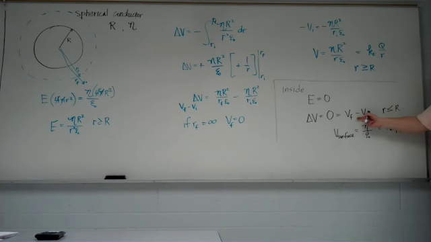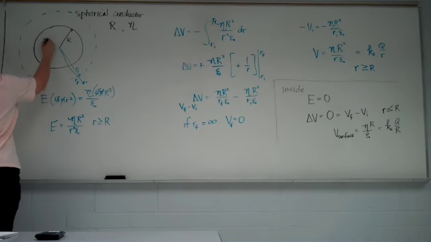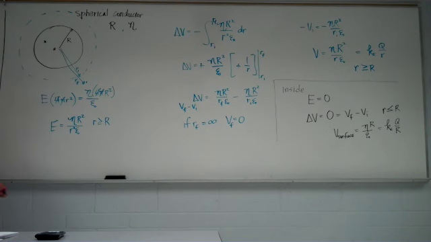What this relationship tells us, since the electric field inside is 0, is that the difference between any point inside and another point inside is 0. So what can you tell me about the potential, say, here versus here? They're both the same. This has the same potential value as this.